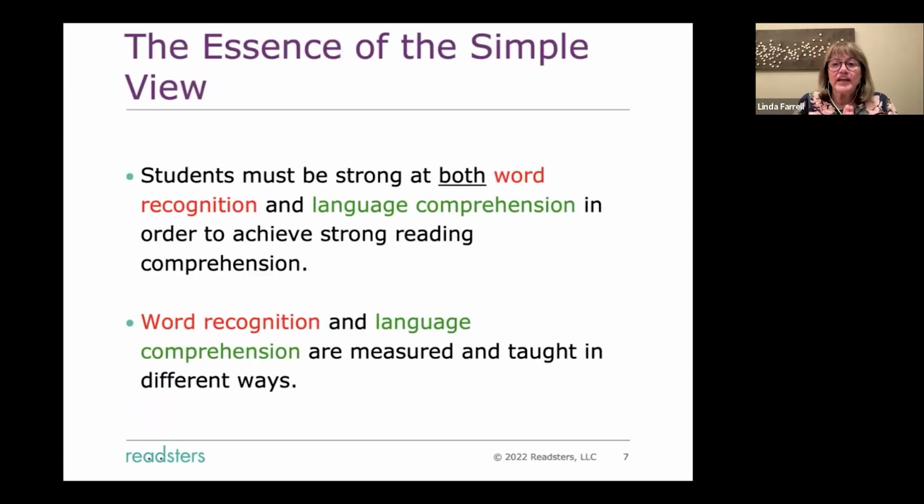What the simple view tells us is that there are two big picture components to getting to reading comprehension. The reader has to recognize the words and be able to translate that print into words in their mind.